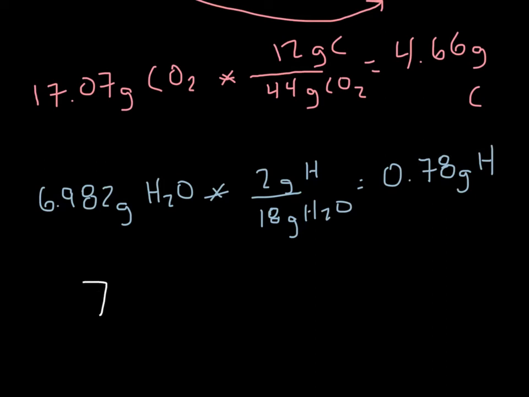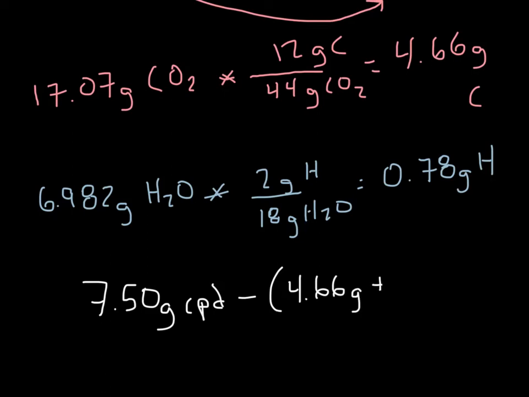Remember, I initially had 7.50 grams of a compound, and of that, 4.66 grams were carbon, and 0.78 grams were hydrogen, and I can find that I'm missing 2.06 grams of oxygen.